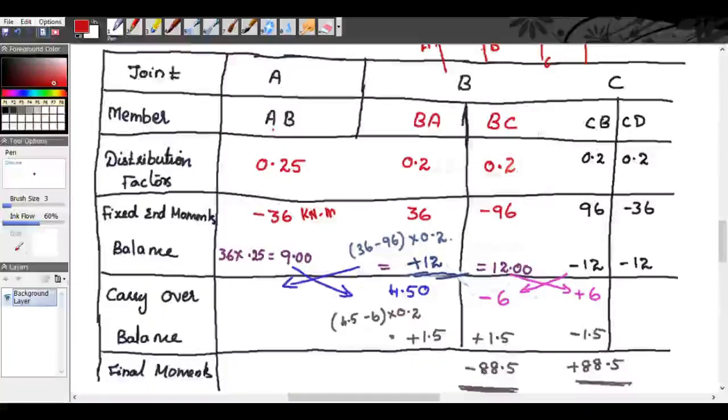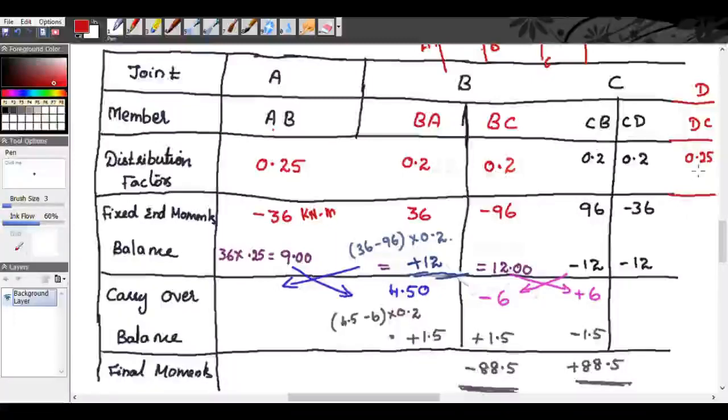And in the span BC, for BC it is minus 96 kilonewton meter, and for CB it is 96 kilonewton meter. And CD goes on like that. And if you need, you can calculate D also. For D, you will have the span DC, and the distribution factor will be similar to AB, so it is 0.25.